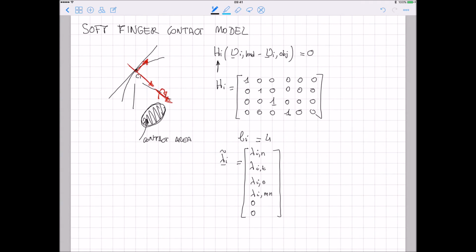This is the lambda vector for the soft finger contact model.